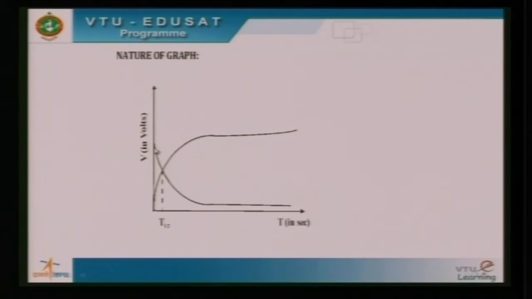We have two exponential curves which intersect at a particular point, which we call the half time. Half time is the time during which the quantity of charge on the capacitance gets reduced to half its initial quantity.